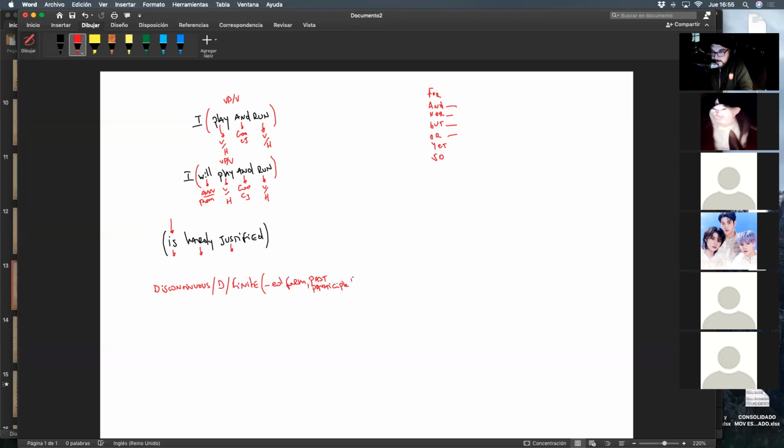And because there's a passive voice. The last thing I'm going to add is the base form of the main verb, which is justify. And that's it. ¿Alguna duda?